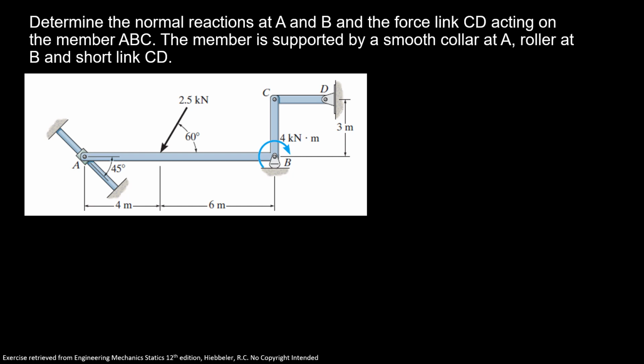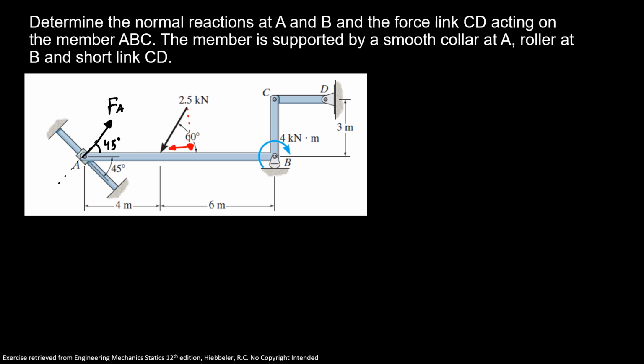Now, before we start with our equations, we're going to put in our forces. Here we have the reaction at A, which is 90 degrees to our link AB. So here is our force A. This angle is 45 degrees. Here we're going to decompose our force, so I have one force in the y-axis and one force in the x-axis.